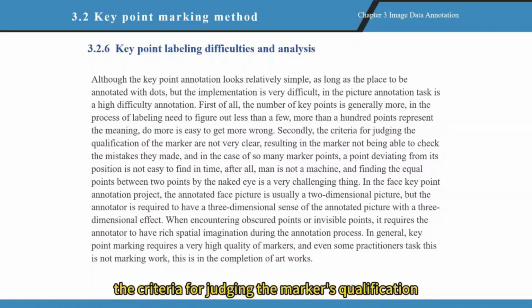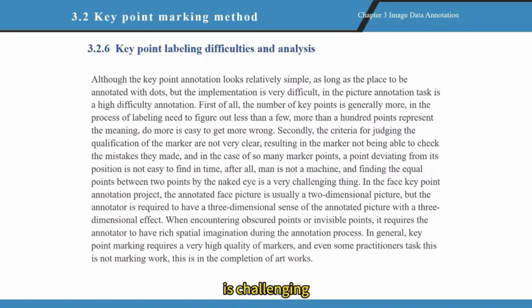Secondly, the criteria for judging the marker's qualification are not very clear, making it hard for the marker to check their mistakes. With so many marked points, it's not easy to find a point that deviates from its position in time. After all, humans are not machines, and finding equal points between 2 points by the naked eye is challenging.